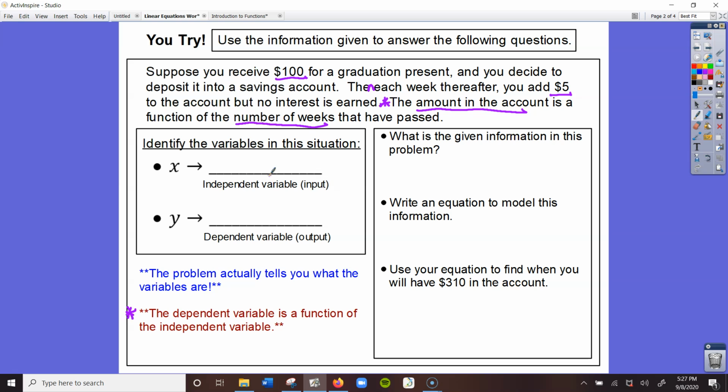Therefore, our independent variable is the number of weeks. Again, we have time, and the units is in weeks. Our dependent variable, remember, is affected by our independent variable. And in this particular case, the dependent variable is the money in the account.